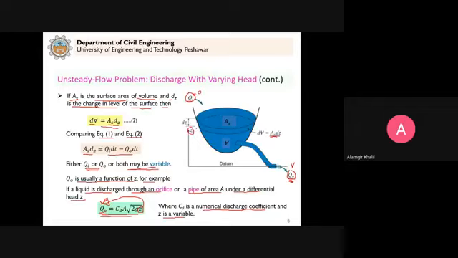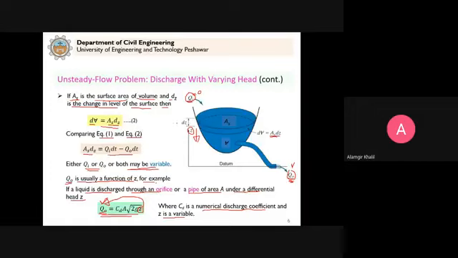Z will decrease until the tank is completely emptied. So in that case, Q naught is variable. Understand? Z is changing, so Q naught is variable.